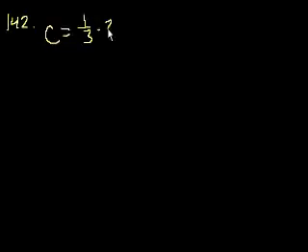142. Of the 3,600 employees of Company X, 1/3 are clerical. So clerical is equal to 1/3 times 3,600, which is equal to 1,200. If the clerical staff were to be reduced by 1/3, what percentage of the total number of remaining employees would then be clerical?